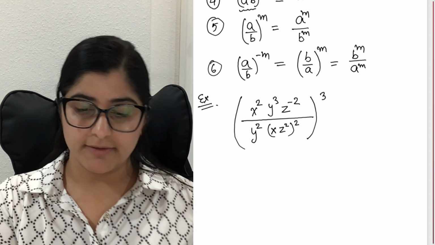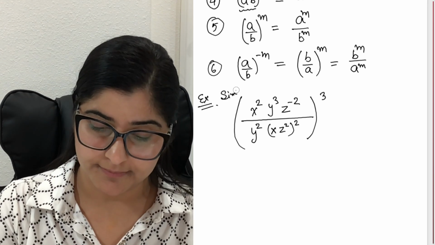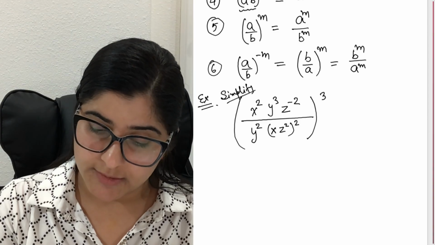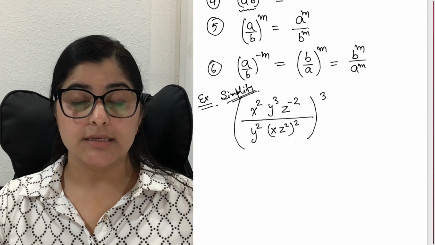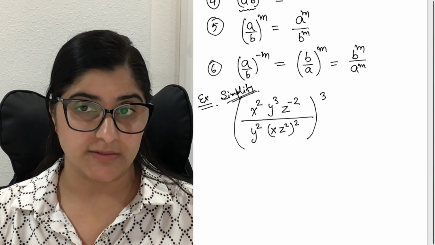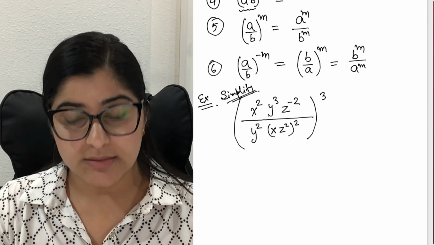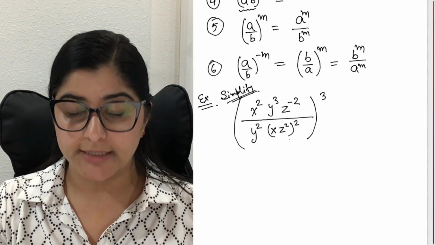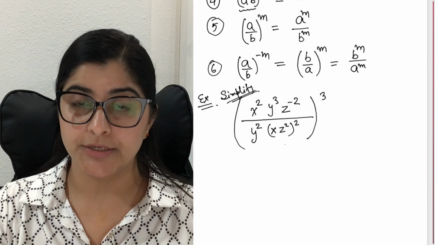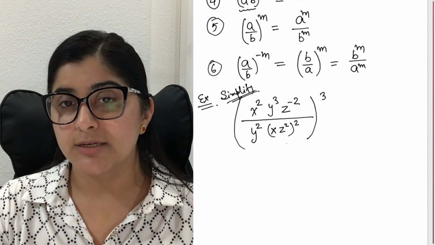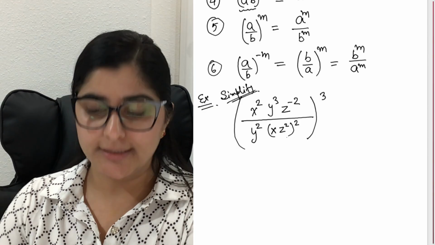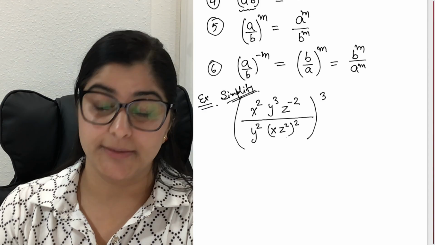So let's simplify this expression. Simplify means make it as simple as possible. There are x's, y's and z's in the numerator as well as in the denominator. Try to write x, y and z only once by combining them together if possible.